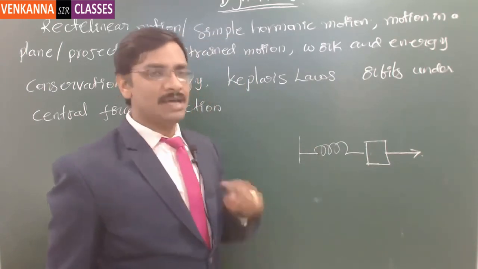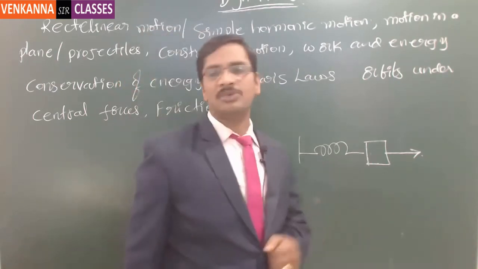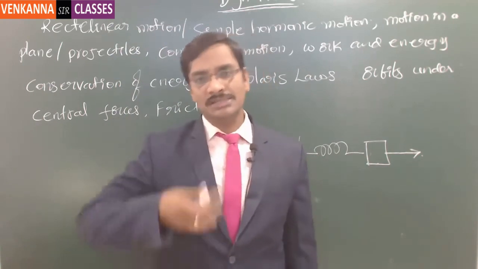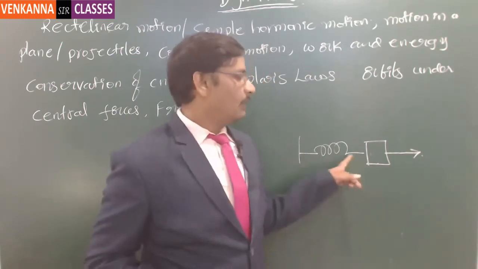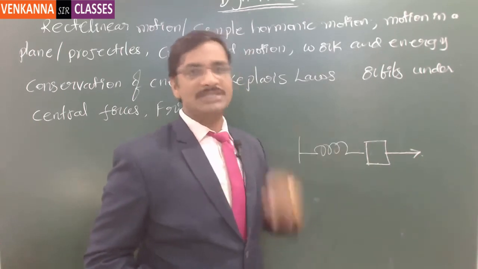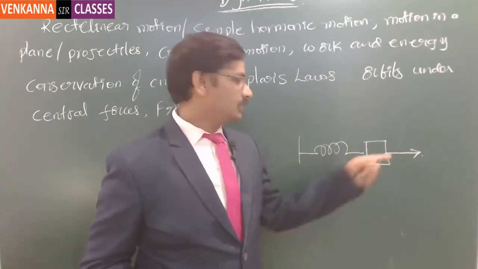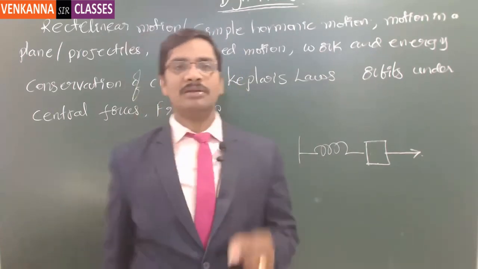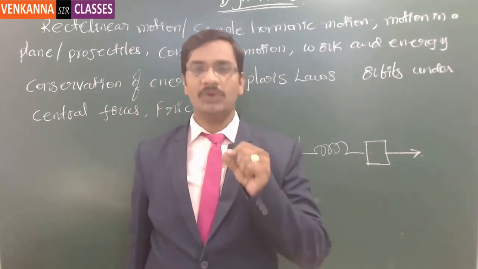So one example of the rectilinear motion is the simple harmonic motion, right? If the particle is moving in a straight line like this, this is also a rectilinear motion. If the particle is moving forward and backward, this is also a rectilinear motion. But one subcategory of that rectilinear motion is this simple harmonic motion. Got it? So a particle traveling in a straight line we are going to analyze.